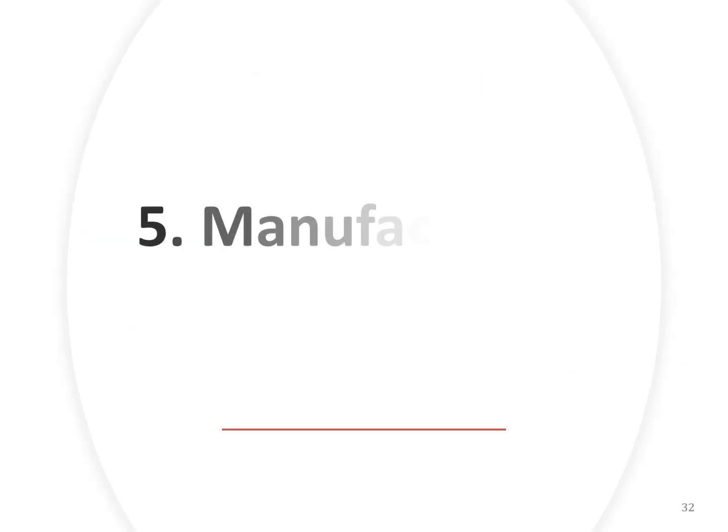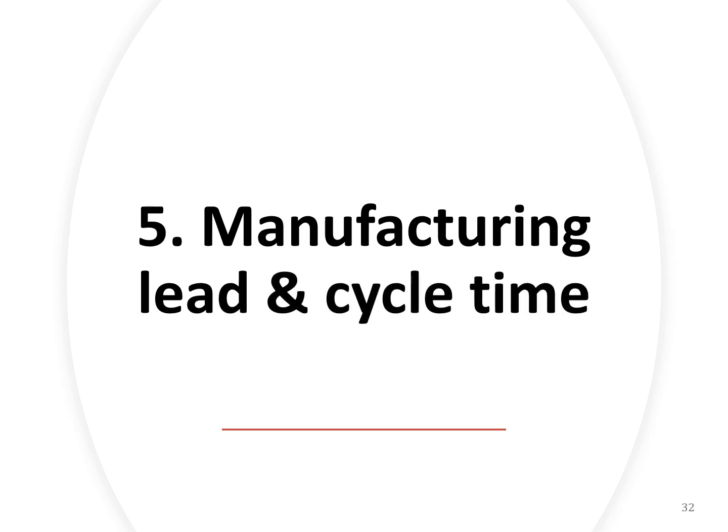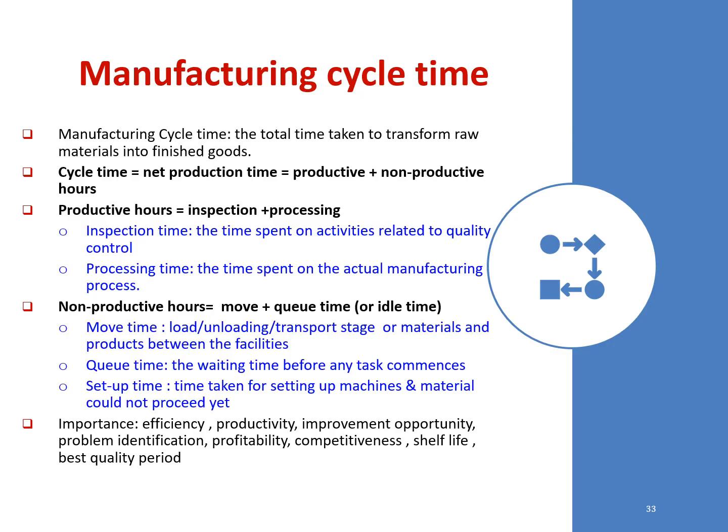The last indicators that we are going to see are the manufacturing lead and cycle time. For this one, we will learn about manufacturing cycle time. Remember, manufacturing cycle time means the cycle time for the entire manufacturing operation.